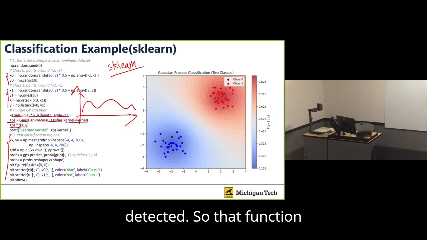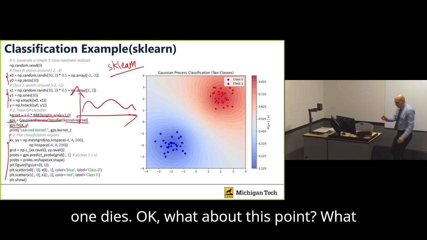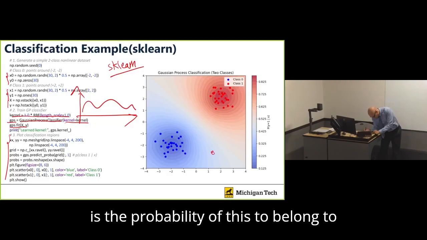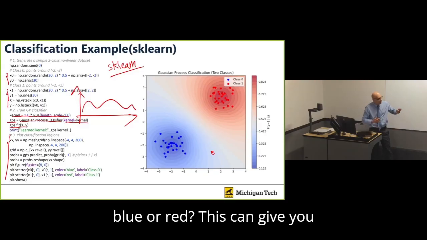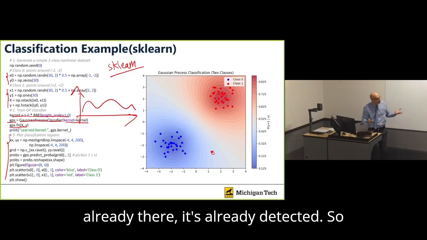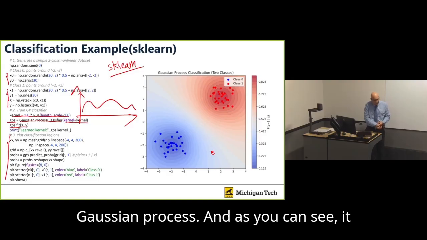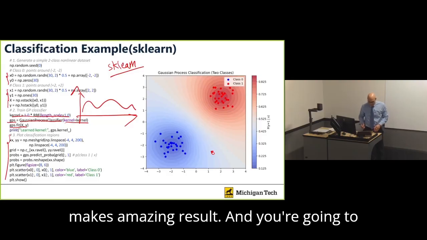So that function can predict any other points in this space. If I choose one dot and ask, what about this point? What is the probability of this belonging to blue or red? This can give you an answer right away because the color is already detected. So that's the basics of this Gaussian process, and as you can see, it makes amazing results.